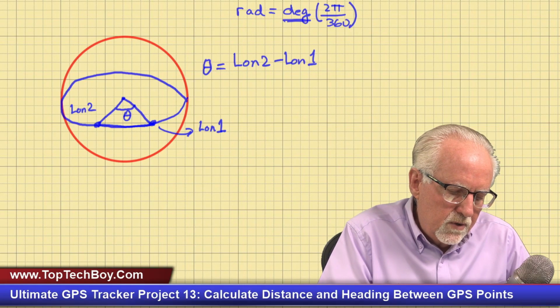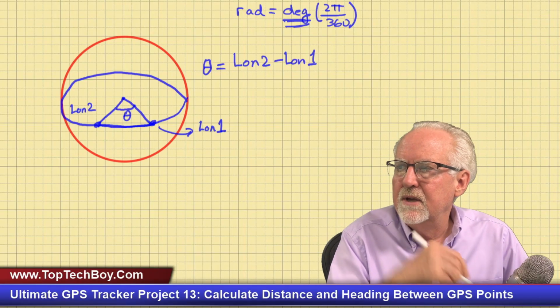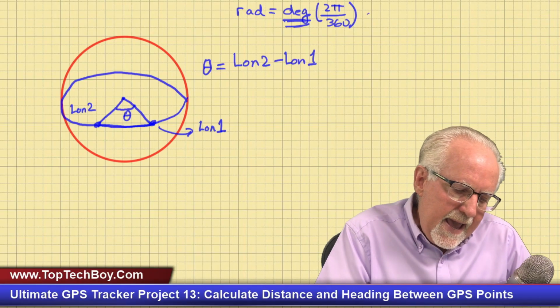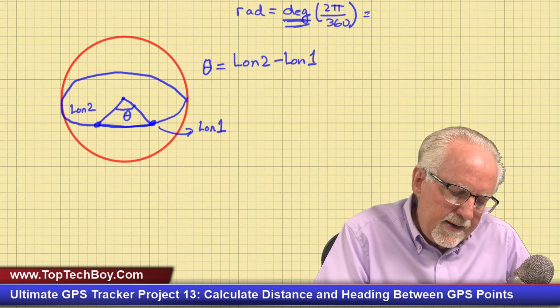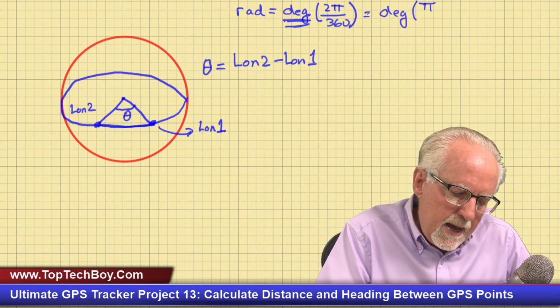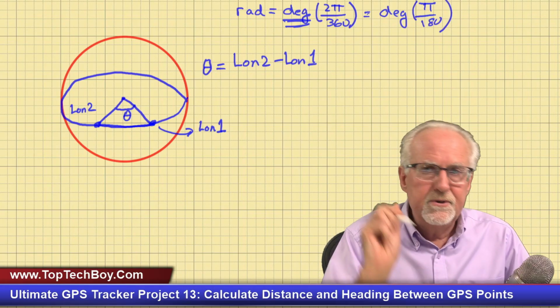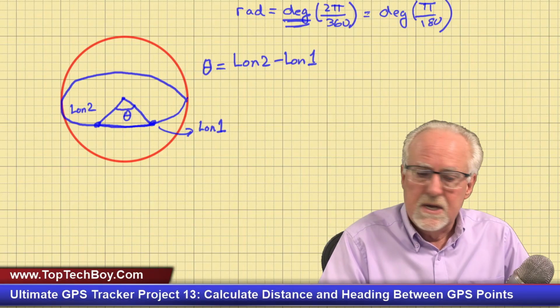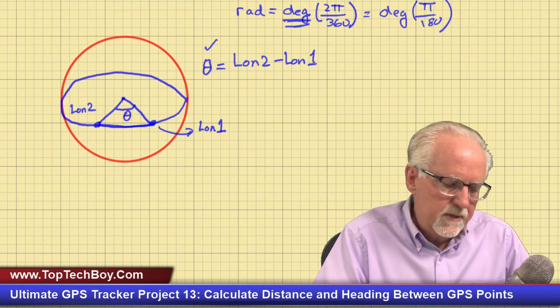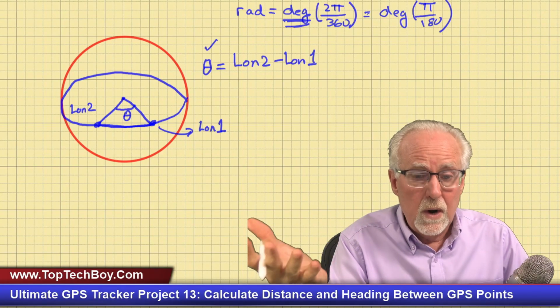So you take the degrees that you're comfortable with and you can calculate radians. And you can actually reduce that, and that would be degrees times pi divided by 180. That allows you to go from degrees to radians. So this theta here is in radians, okay?